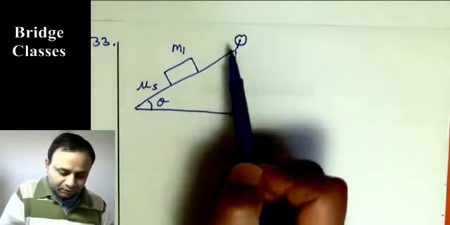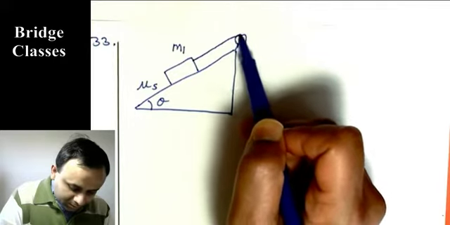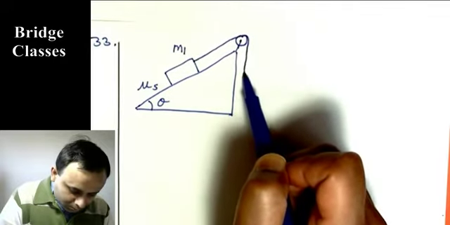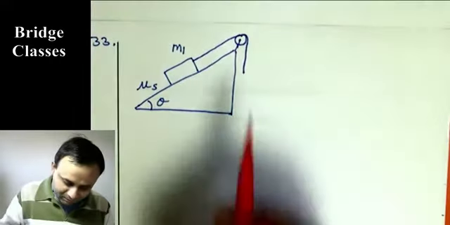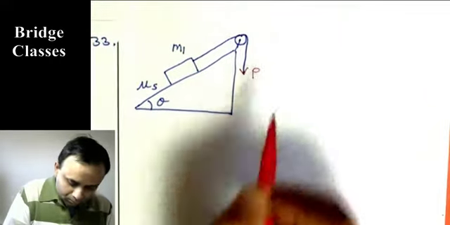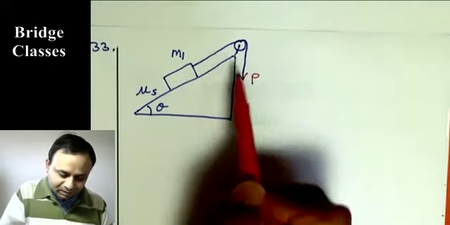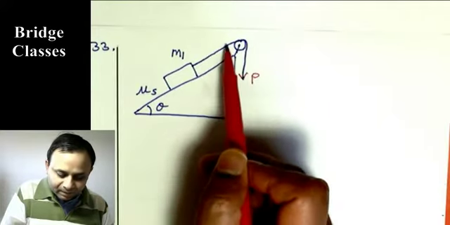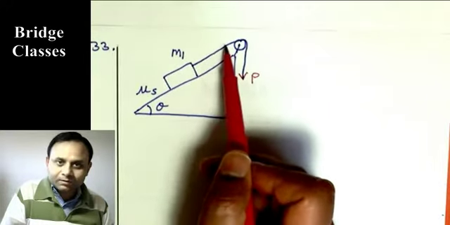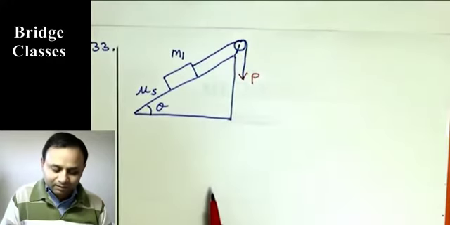For a frictionless pulley, let's say I have a rope going like this, and a force P is applied at this point. For a frictionless pulley, we discussed this, that if tension here is P, then tension here is also P. If there is friction, that is different. We'll talk about that in a while.